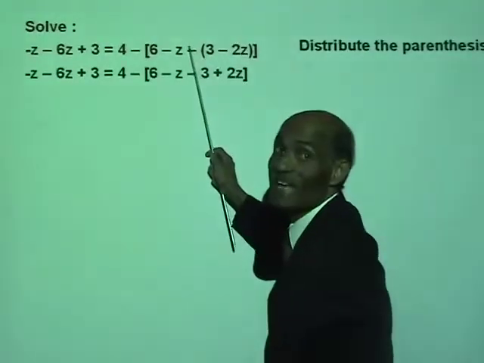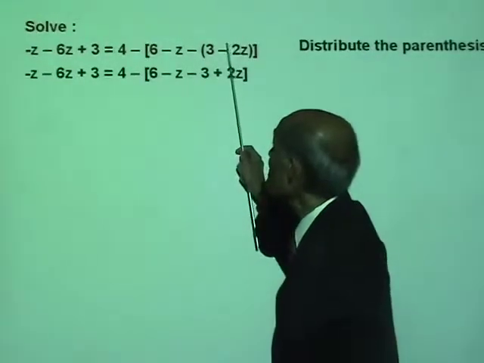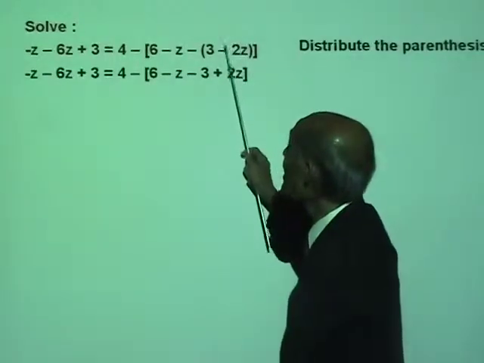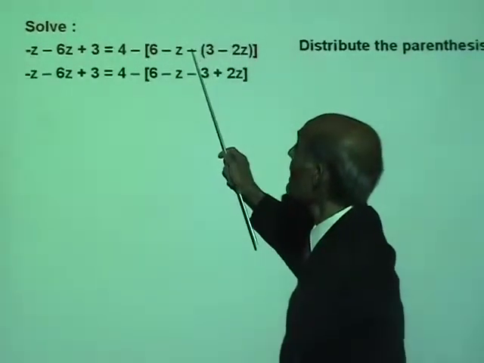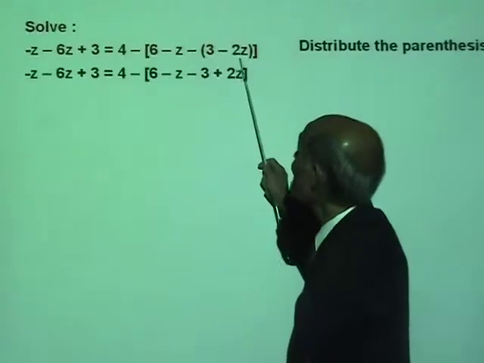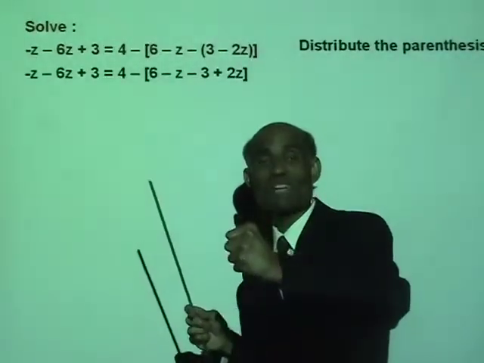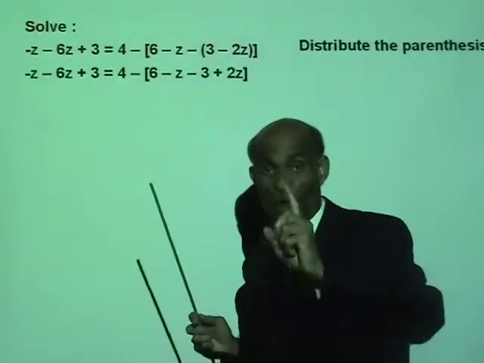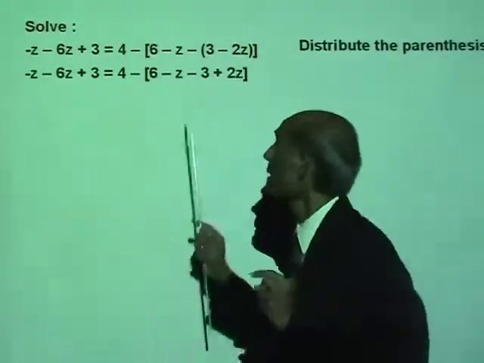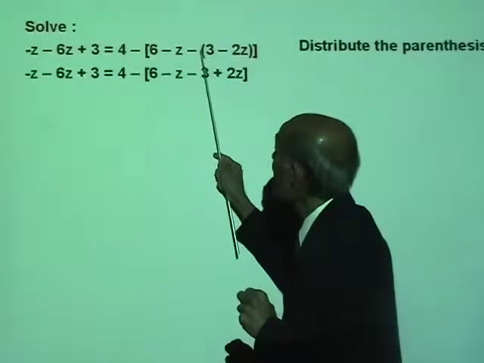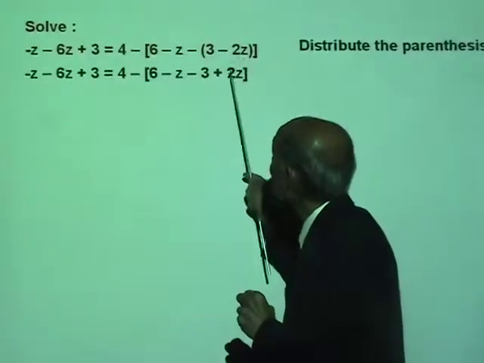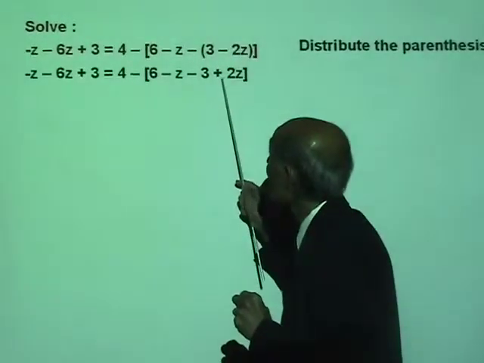And now negative 1 times negative 2z. Look at that. A negative 1 distributed to a negative 2z. A negative multiplied by negative is positive. Always watch the sign. A negative 1 multiplied by negative 2z is positive 2z.